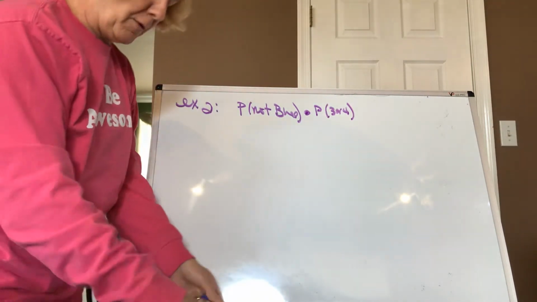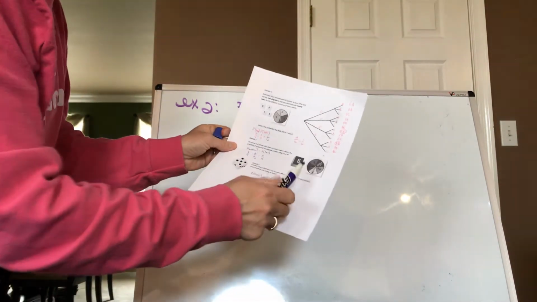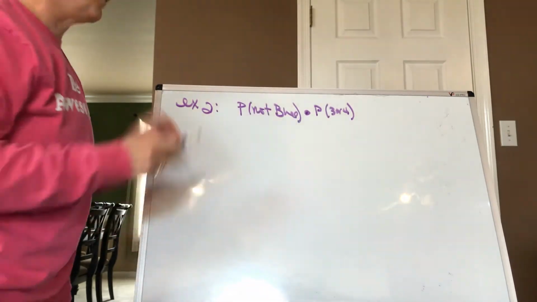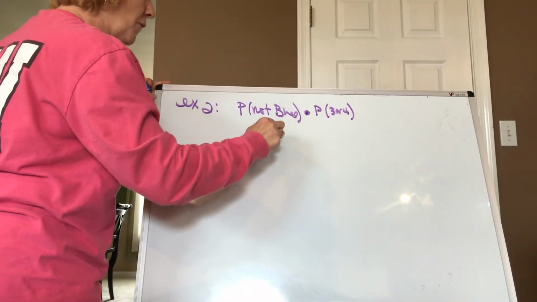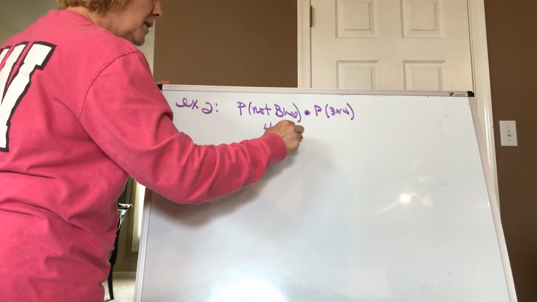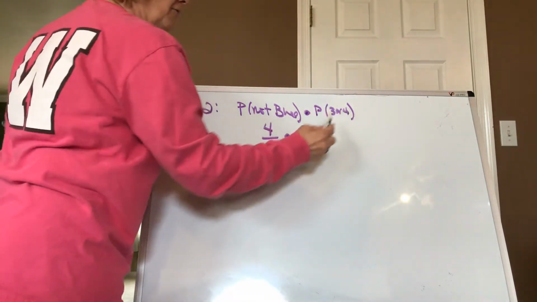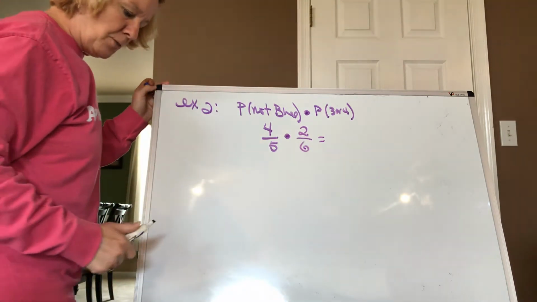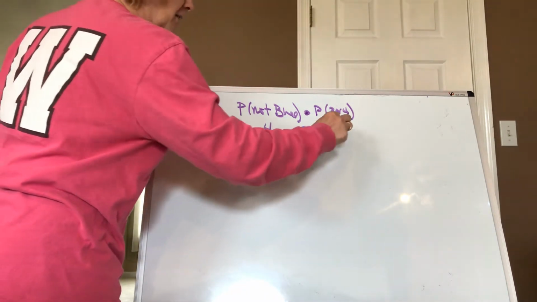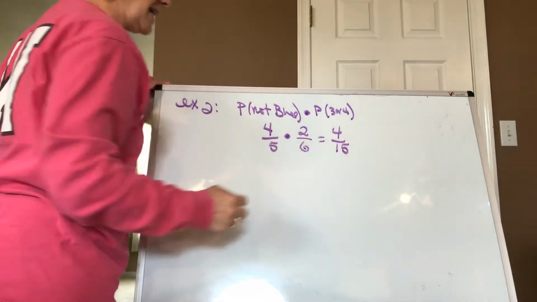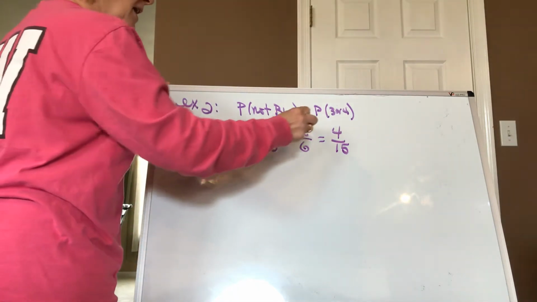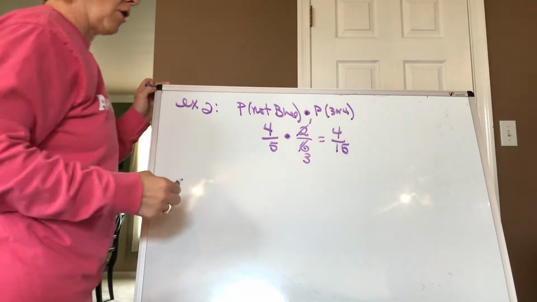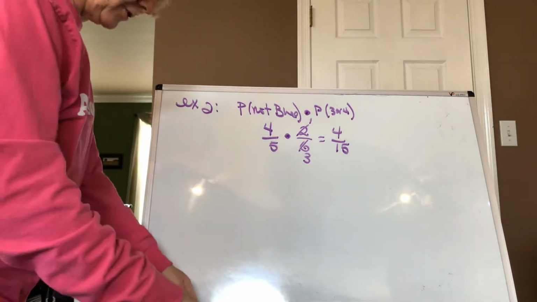Okay, so if we look at this spinner, 1 section is blue out of 5 sections. So 4 are not blue. So 4 out of 5 are not blue, times 3 or 4 on a dice, that's 2 out of 6. When you multiply this, please use your calculators, you will get 4/15. If you do reducing, 2 goes into 2 once, into 6 3 times, multiply straight across. Please just use your calculators.